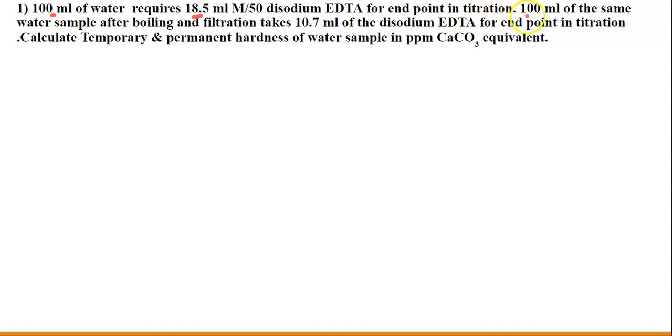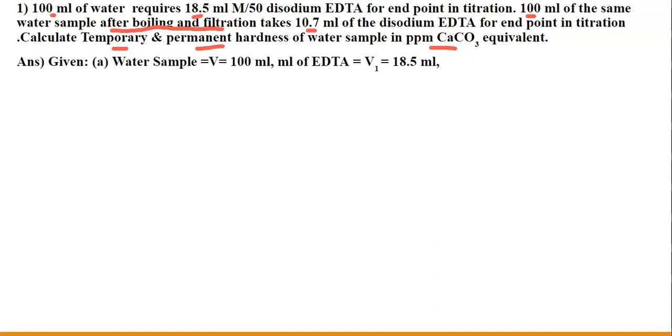Then it is given that 100 ml of the same water sample after boiling and filtration takes 10.7 ml of the disodium EDTA for the endpoint in titration. We have to calculate the temporary and permanent hardness of the water sample in ppm of calcium carbonate equivalent. So first let's take down what is given.